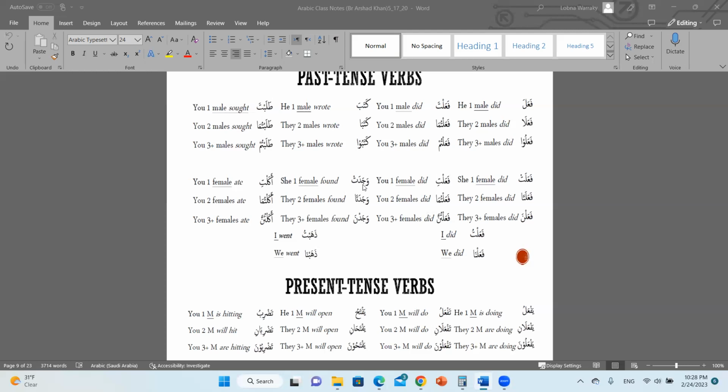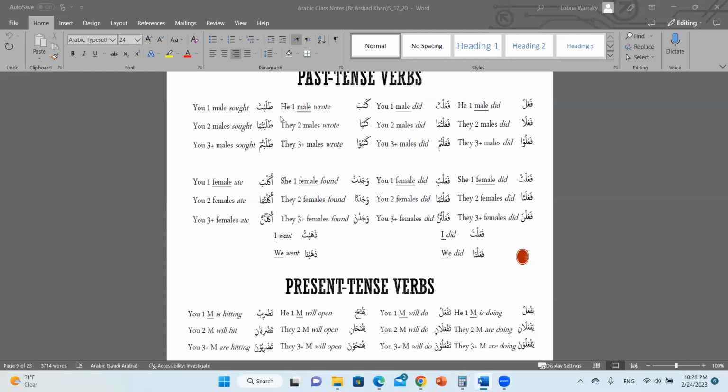If you want to say she found, wajada is the root word. The ta is the added letter, so you'll take the word wajada and say wajadat. If I want to say two females found something, wajadata. And if you want to say they found, you say wajadna, without alif, wajadna.